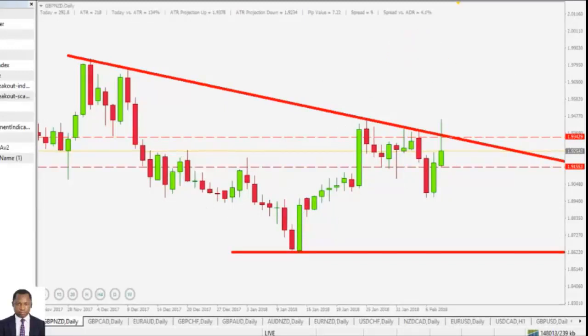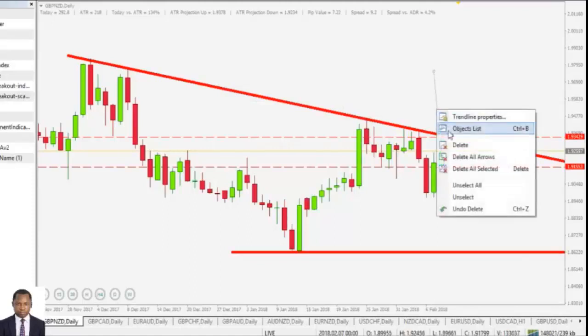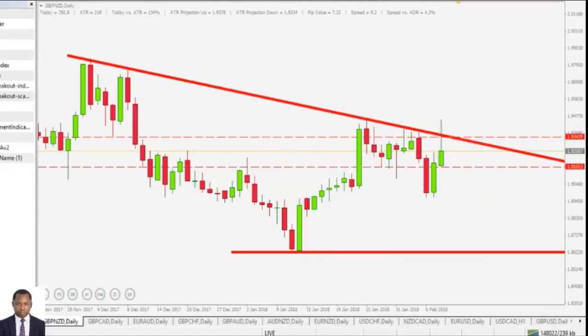So I'm going to apply the money management or the lot size calculator into this chart, but before then, let me take out this indicator. Just give me a second. But before then, we need to determine the distance in pips from the stop loss to the entry level.